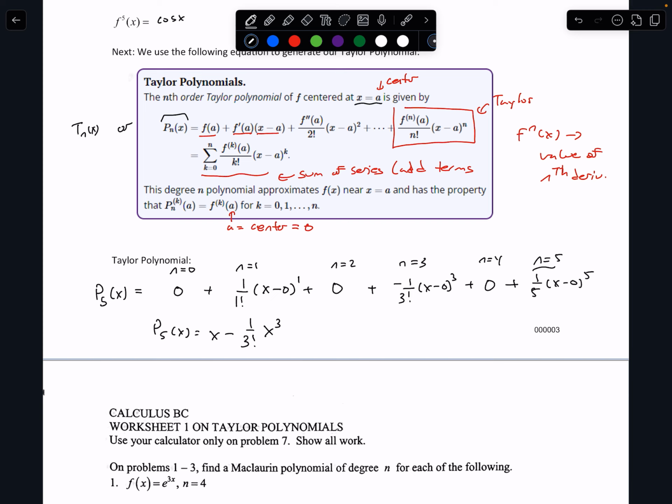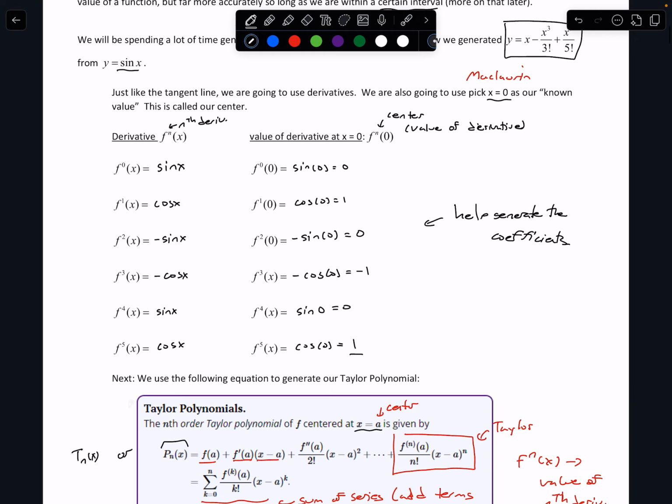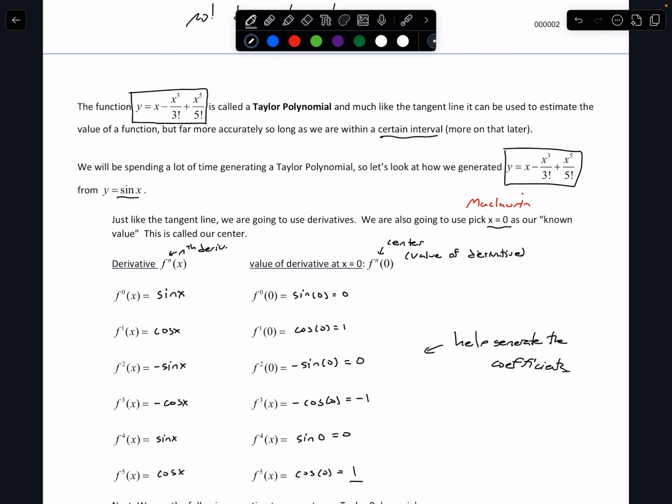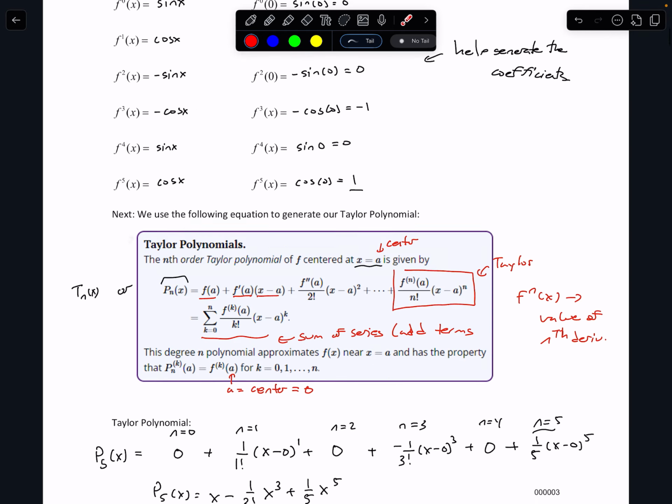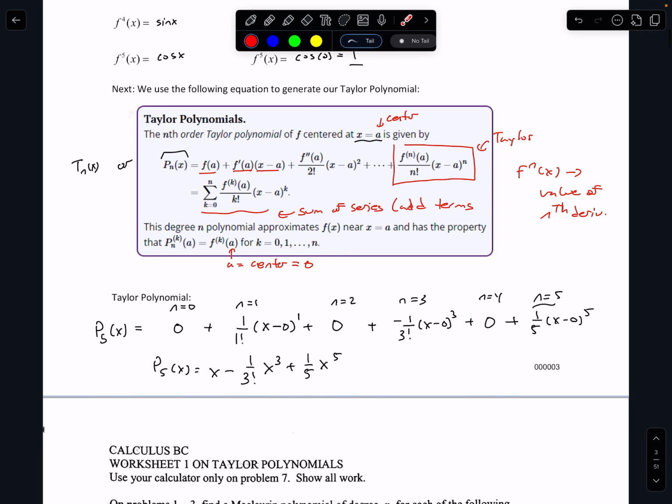For n equals 4 it's just 0, so I go straight to the fifth, and I get plus 1 over 5 factorial x to the fifth. And notice, this is exactly that polynomial we got for our sine curve. And what we say is that this approximates the sine of x near x equals 0.